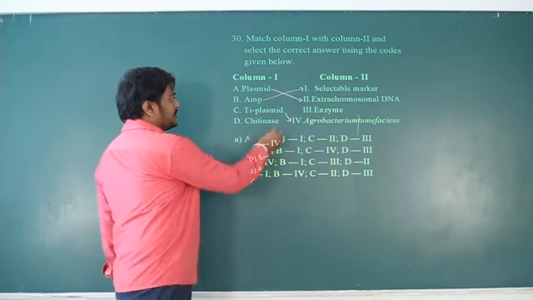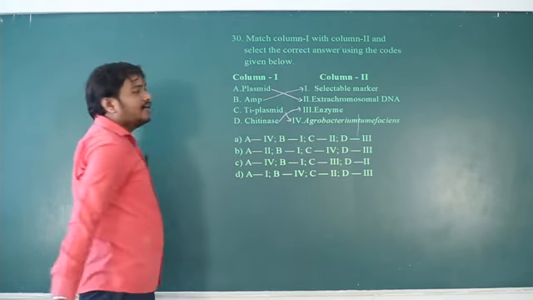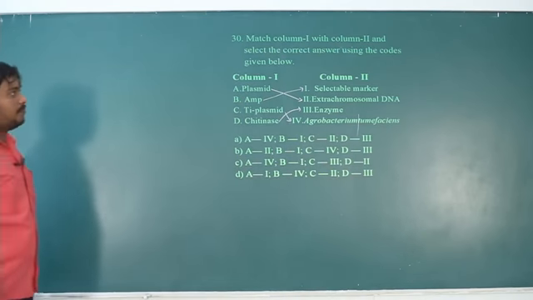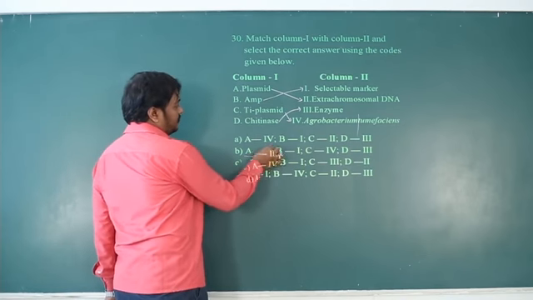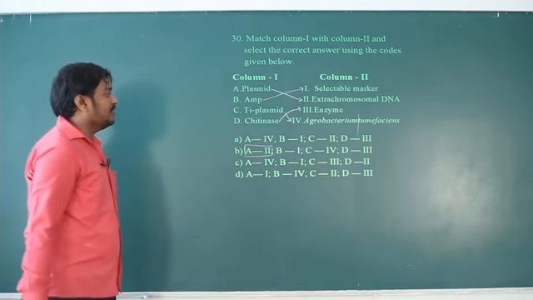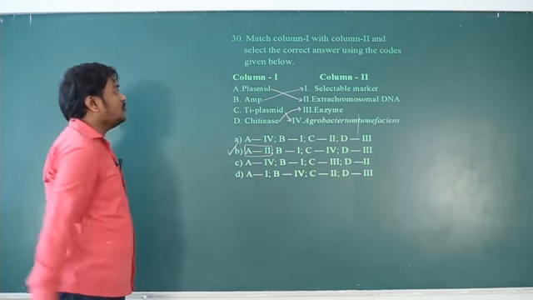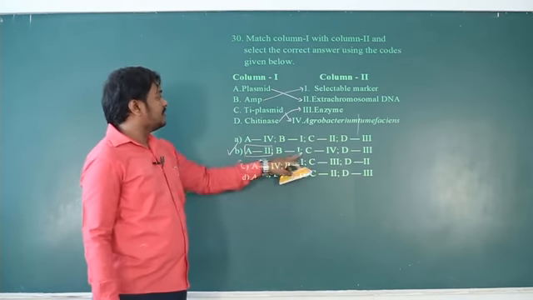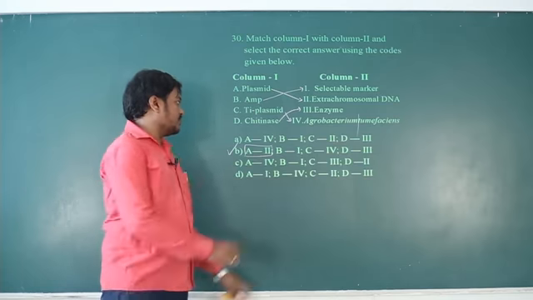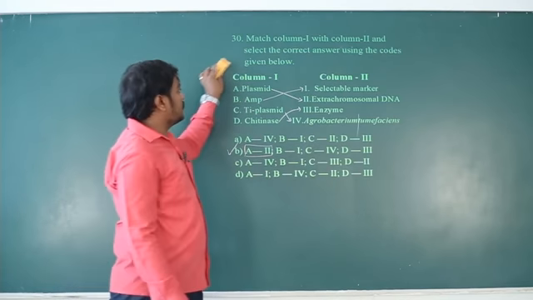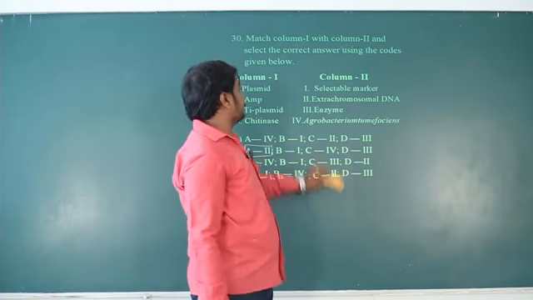Chitinase is an enzyme used during isolation of DNA from fungi. So plasmid A2, B1, C4, D3. This is the right option.